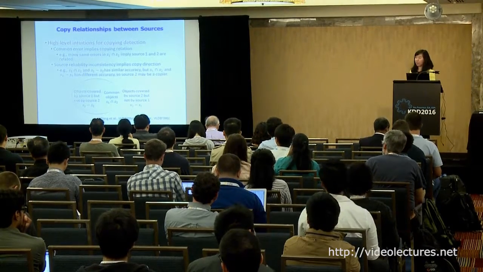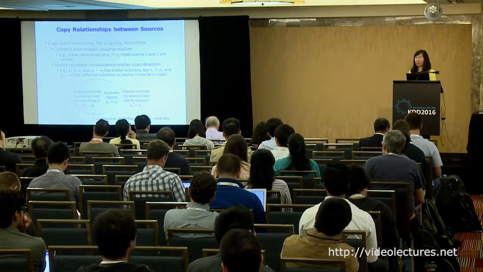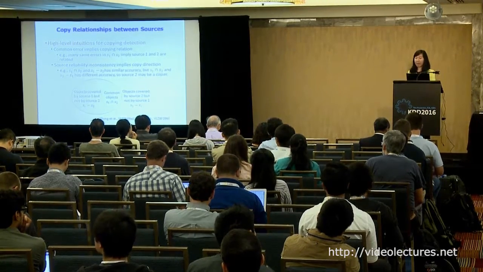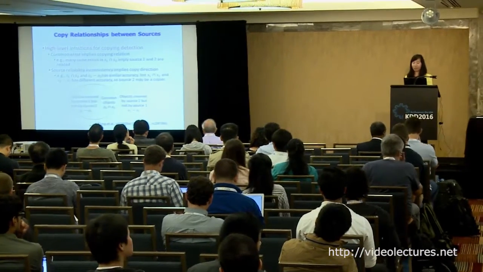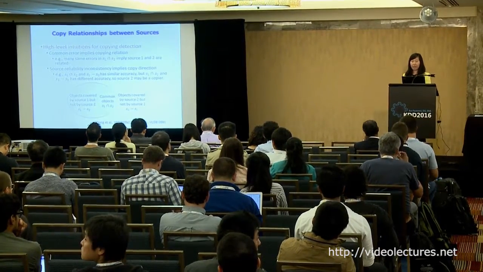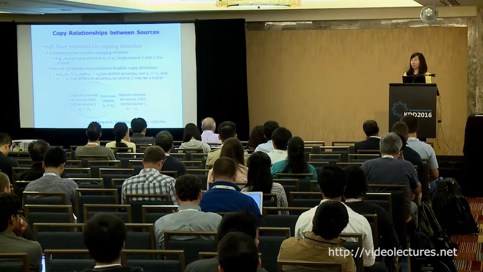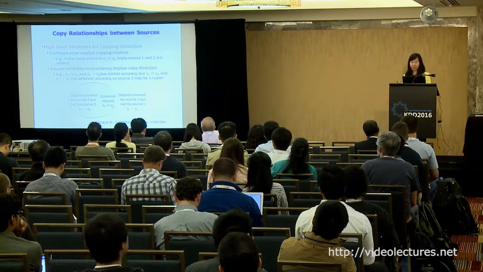So we first look at the common objects part. If we find many same errors in this part, then it implies that source 1 and source 2 are related. Now we want to find out which one copies from which. Then we look at source reliability inconsistency.